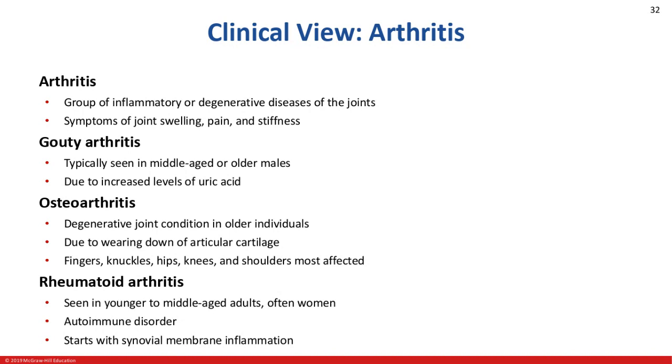Now, gouty arthritis has to do with uric acid crystal formation. Uric acid is a product that gets formed in some of your cells through the process of making urea. It involves nitrogen.